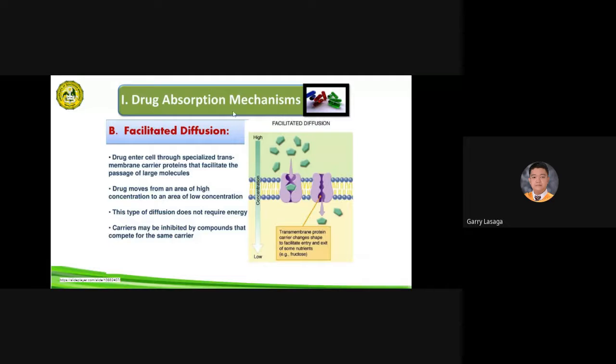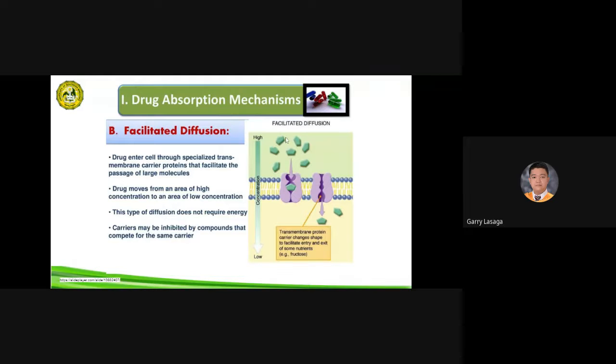So we have here a figure showing the plasma membrane. Within the plasma membrane, you can see the presence of transmembrane proteins. These are integral proteins that are present in the plasma membrane. This is the outside of the cell and the inside of the cell.